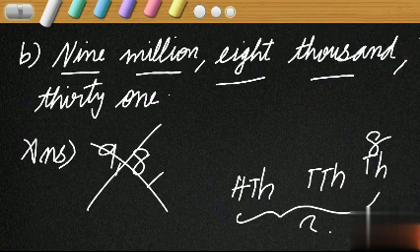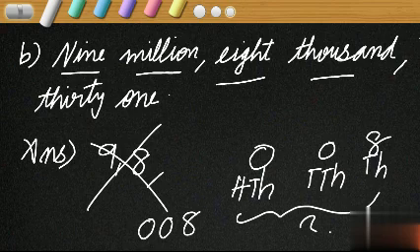No. So what we have to do? We can't leave the spaces blank. In those places, we have to put zeros, isn't it? So the number 008 is in our thousands period.